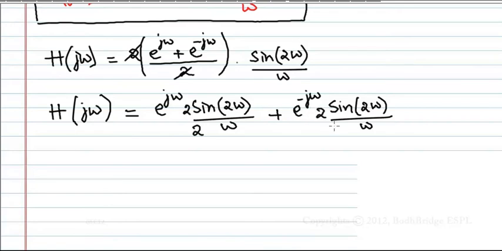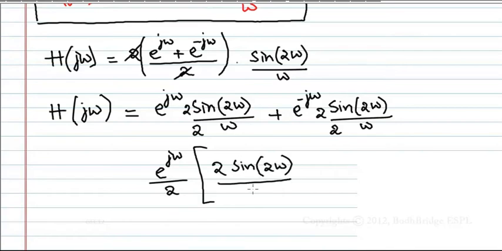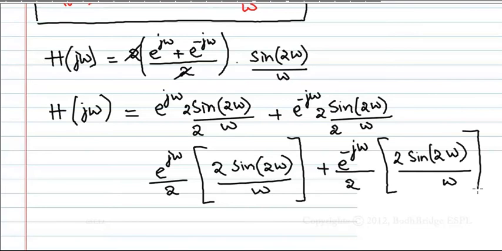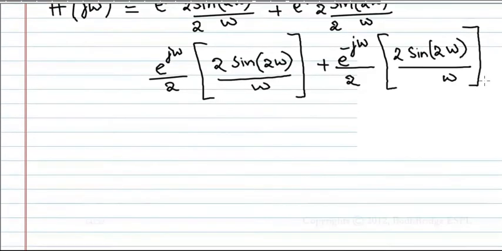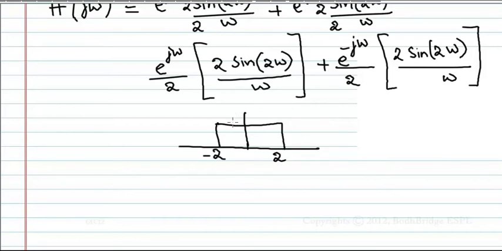Multiply by 2 and divide by 2. For e power j omega by 2, first thing, 2 sin 2 omega by omega is this first part. For this, from the above result, I can directly say it is from minus 2 to 2 rect. Okay, this is this part.